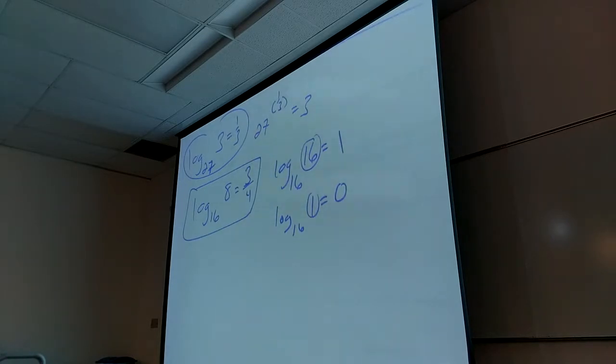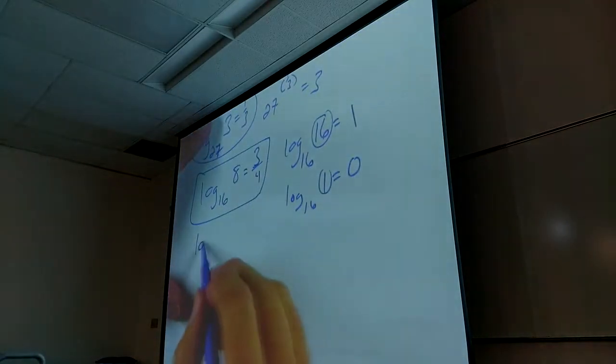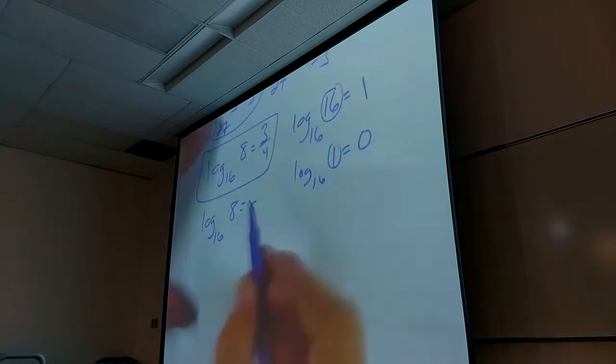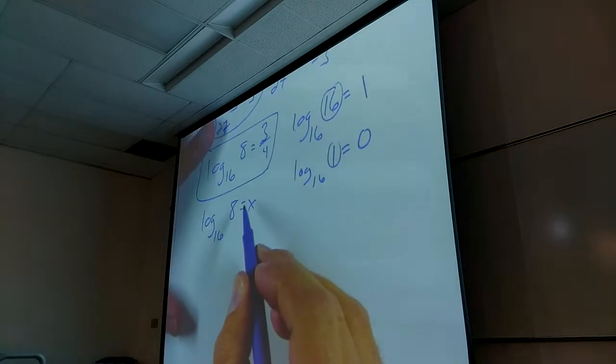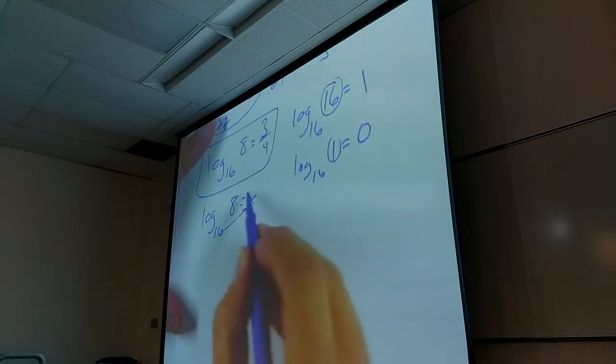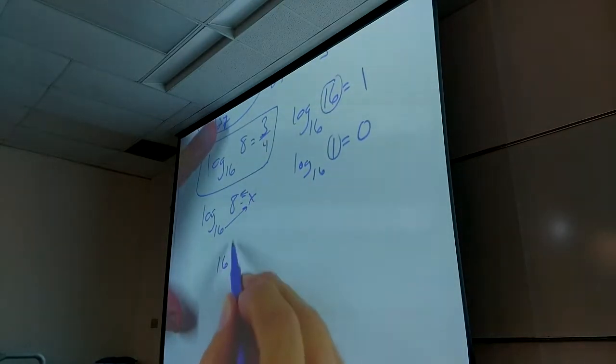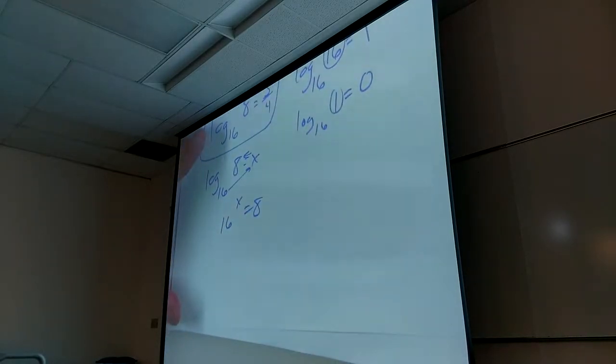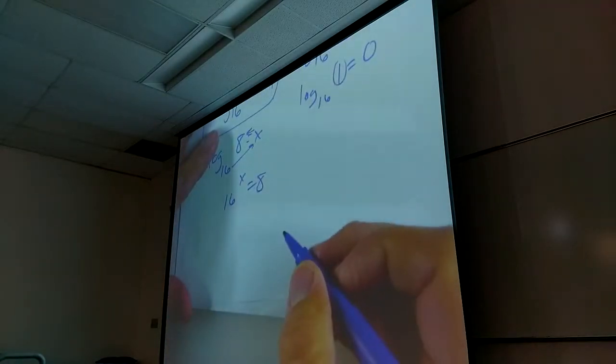Here's another kind of way to attack this problem. If you have this problem, what's the answer? I don't know. How can I rewrite this? 16 to the x equals 8, right? Stay with me now. I'm getting a little ahead of myself, and I really don't care. I want to show you guys another kind of way to think of this.